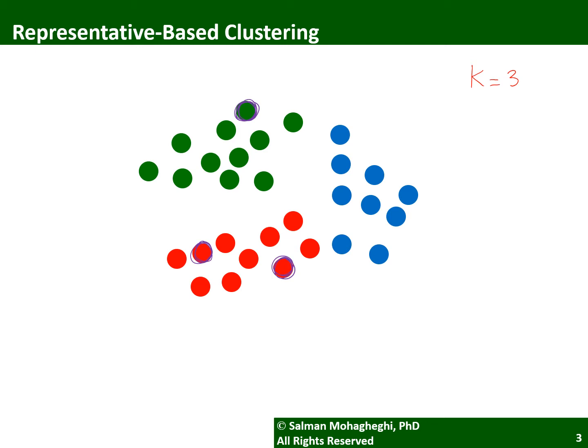So you can probably see in this example that these five, or rather four guys are closest to this representative.